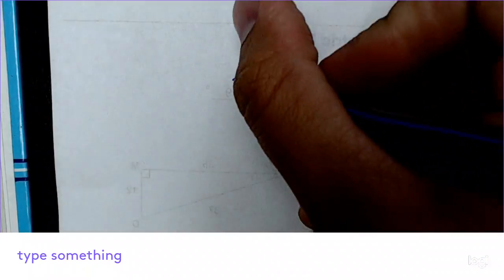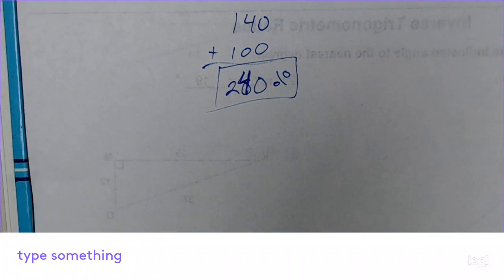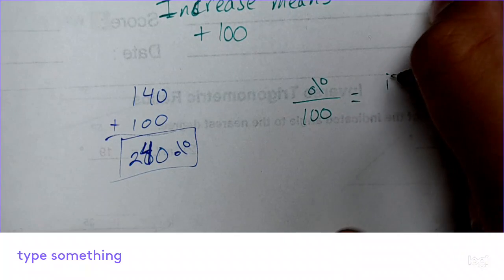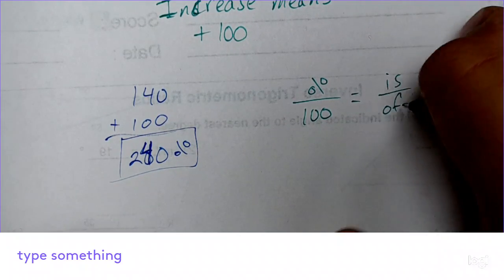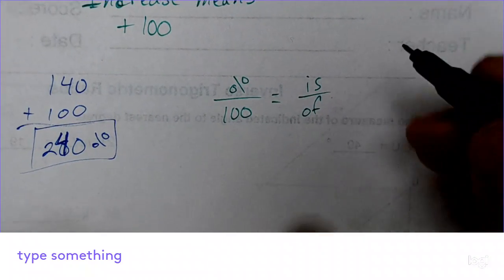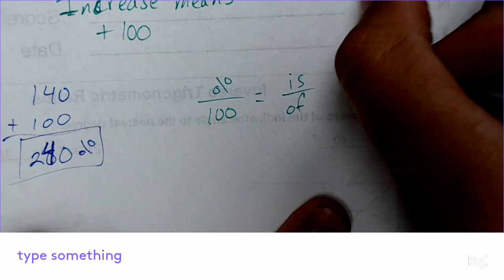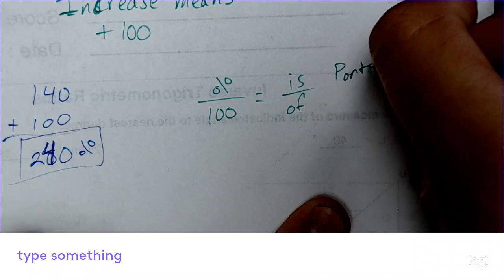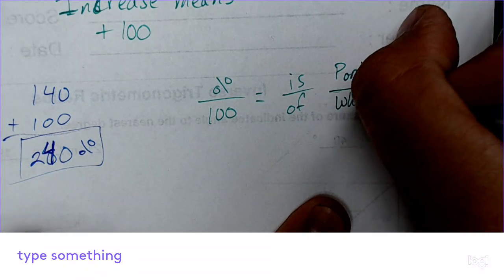Now, I need that percentage because I'm going to plug that into my percent equation. How many of you can remember what the percent equation is? Hopefully all of you. Now, if you remember, it should be percent over 100 equals is over of, or since now we're starting to remove the words is and of, you could also replace the words is and of with the concept of part over whole.